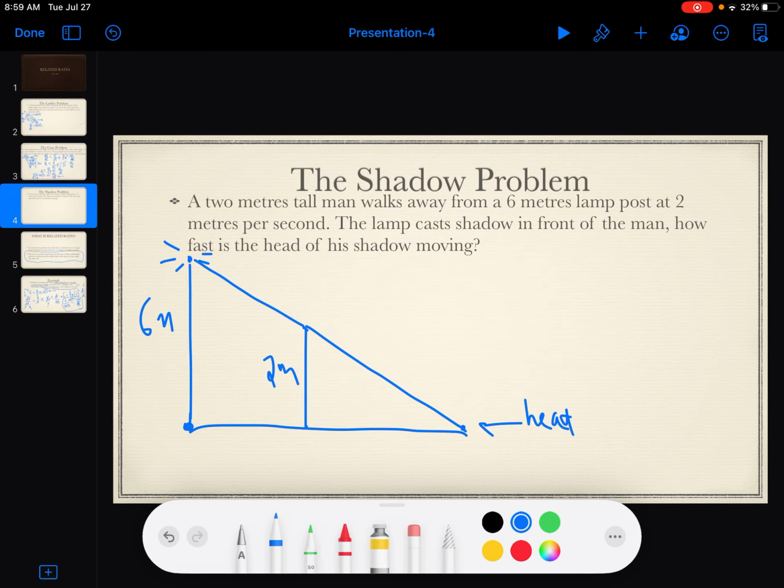So we could say the man's distance from this origin, if he started right at the base of the lamp, we could call this distance x. And we can call this distance, where the head of his shadow is, L.